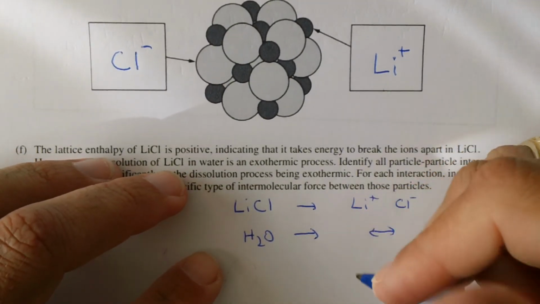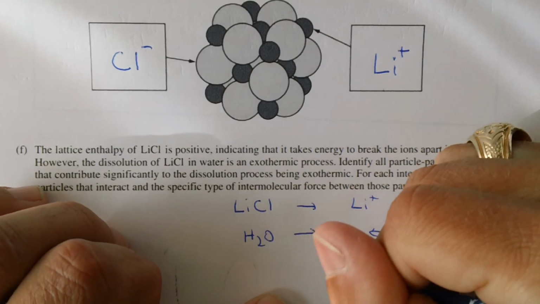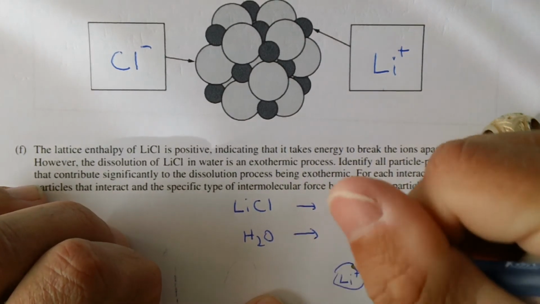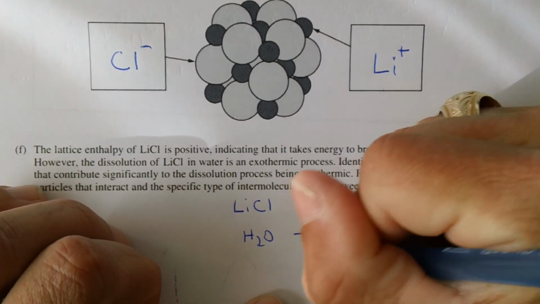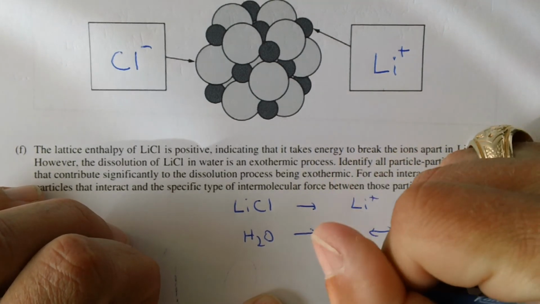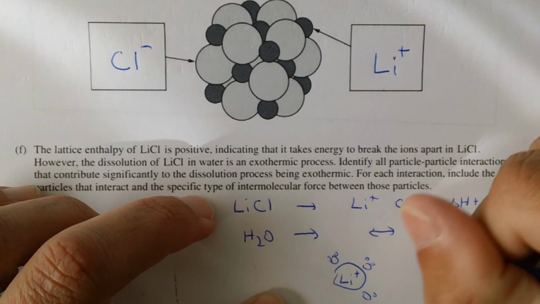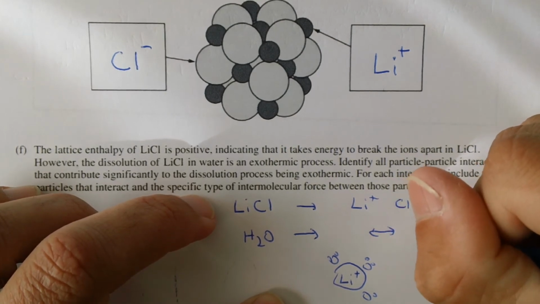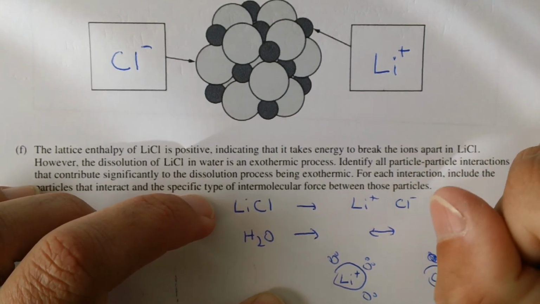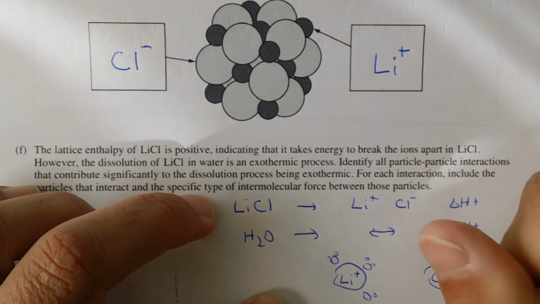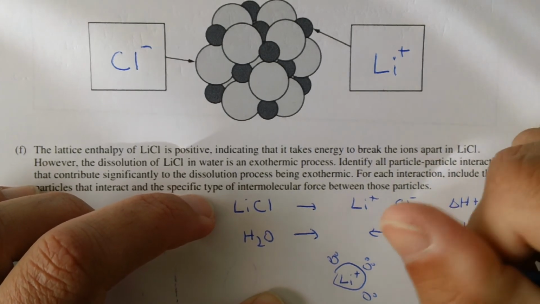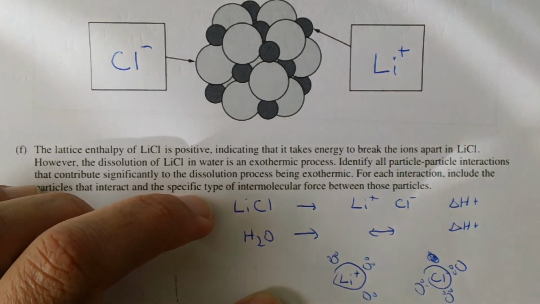The payoff here is that at some point that lithium ion is going to be surrounded by water molecules this way. And the chloride is going to be surrounded by water molecules with their hydrogens closest to the chloride ion. I'm doing a terrible job of the drawing here, but hopefully you'll get the point.